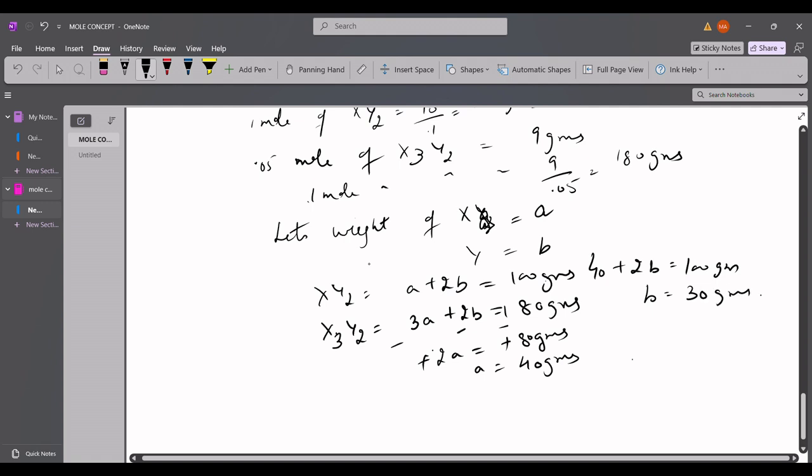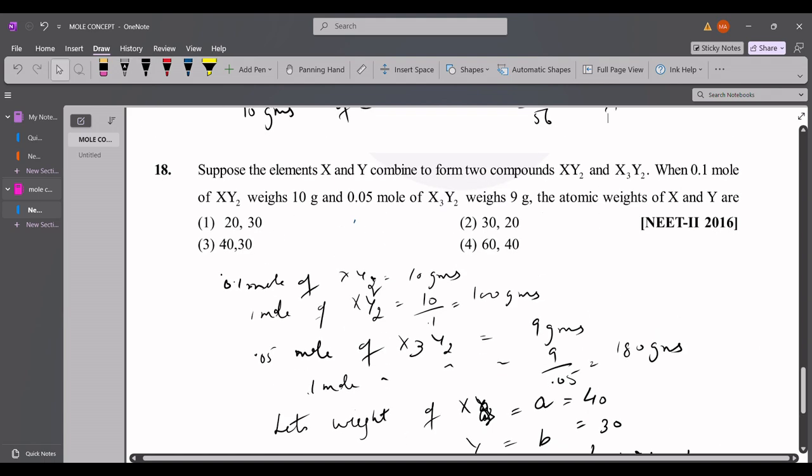So the weight of X is 40 and Y is 30 grams. So which option is correct? The atomic weight of X has become 40 and for Y it is 30. So our third option is correct.